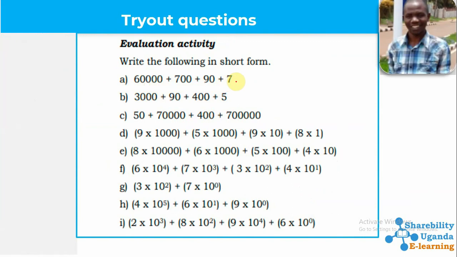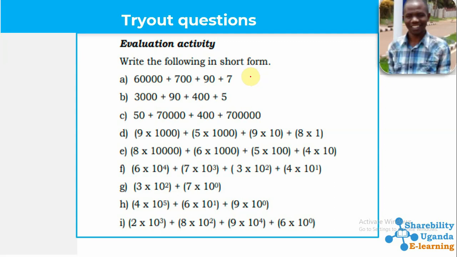In answering some of these questions, what you have to know is some of the topics we talked about: place values, finding the values, and finding the power of these numbers, or exponentials. Now you can be able to solve them, and I'm going to give you a trick.